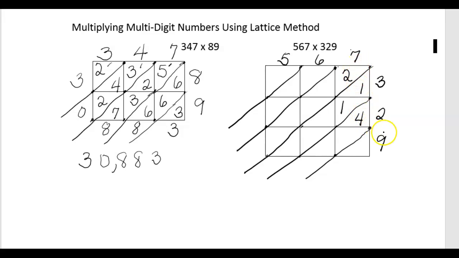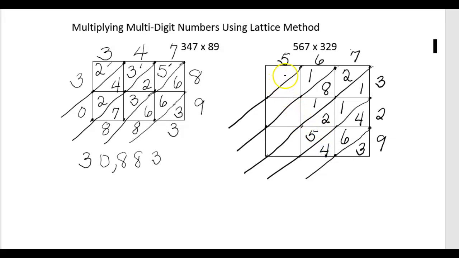Top is 7, side is 9. 7 times 9 is 63, so I would write 6, 3. Over here, I have 6 on the top and on the side is a 3. If I would multiply 6 and 3, that gives me 18, so I would be writing 1, 8. 6 times 2 is 12, so 1, 2. 6 times 9 is 54, so I would be writing 5, 4.